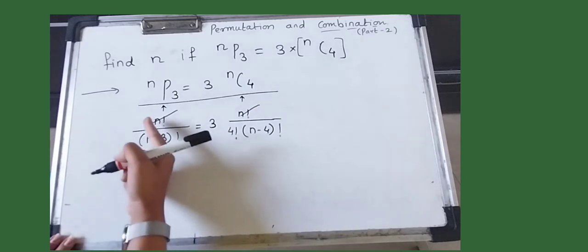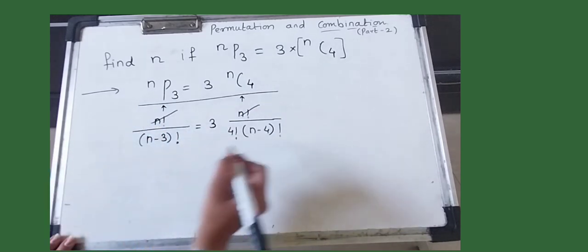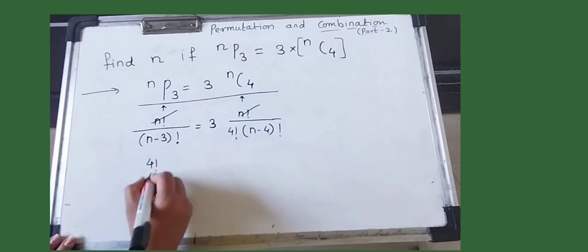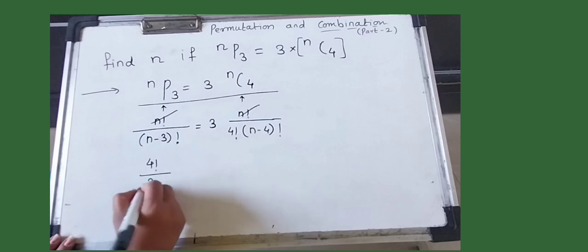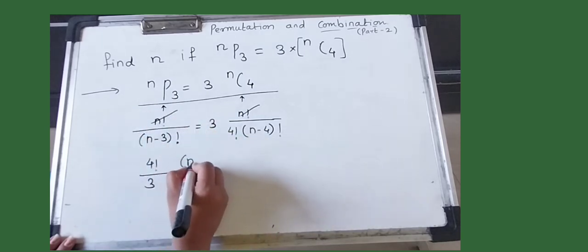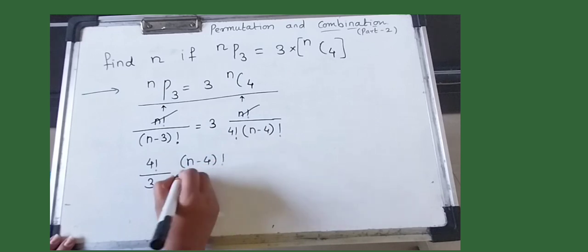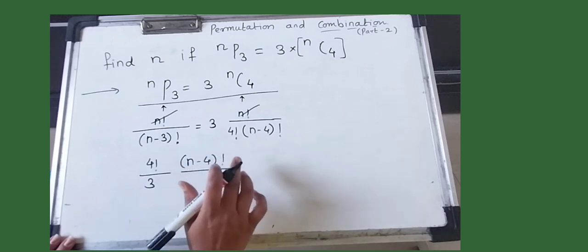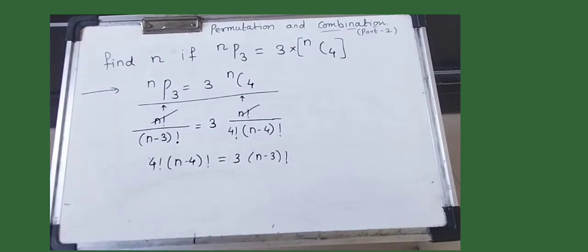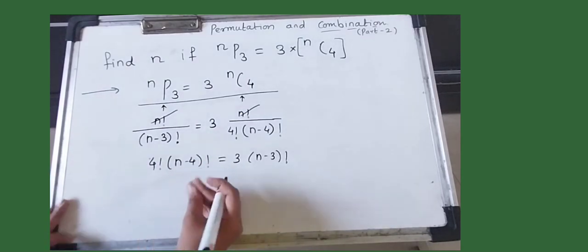Clear? Take a cross multiplication. If I take here cross multiplication, what we get? 4 factorial upon 3, this n minus 4 bracket factorial. Okay, this is the step.